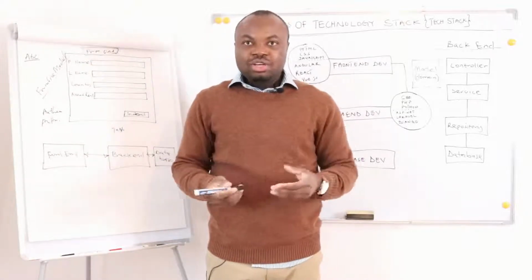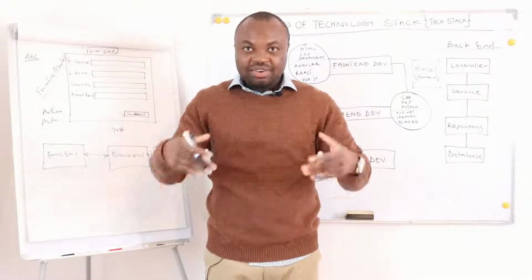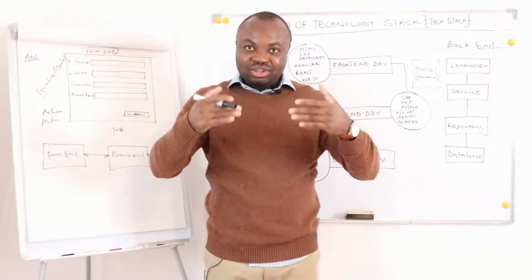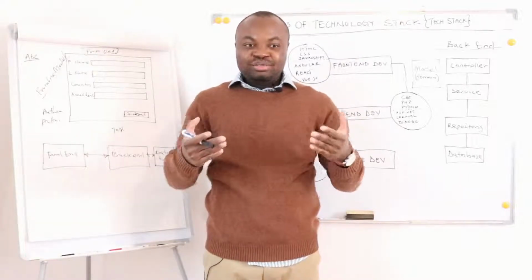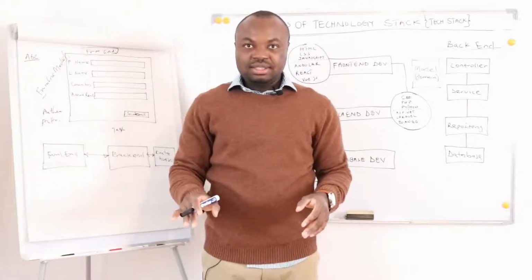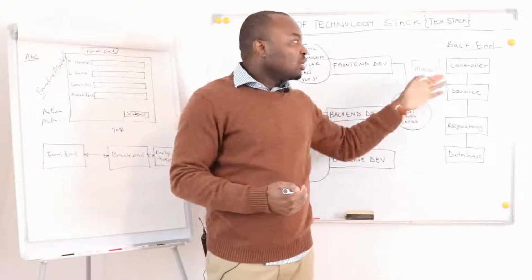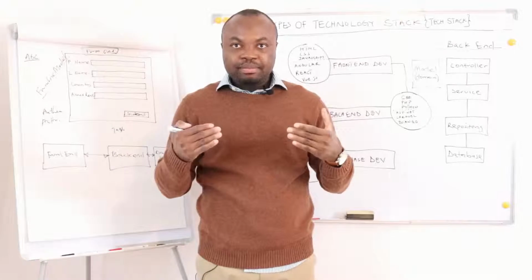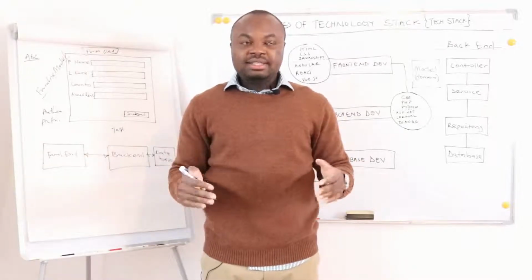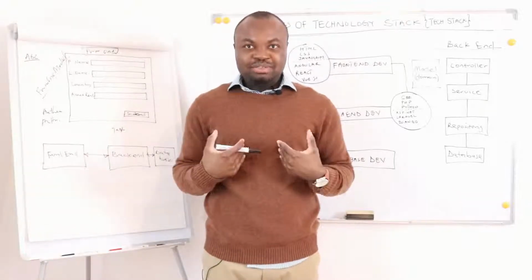Authentication checks if you have logged in as a user into the system, because every physical user has his or her representation on the software system. If you log into the system, the software knows this person has logged in. So if you are sending information to the back end, the controller checks if you have been authenticated. If you have been authenticated, the back end now checks, do you have the authority to give me this form?